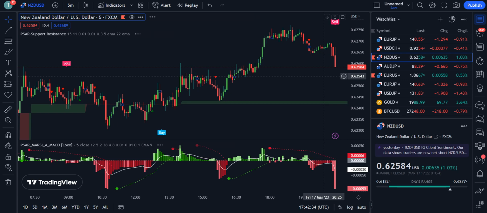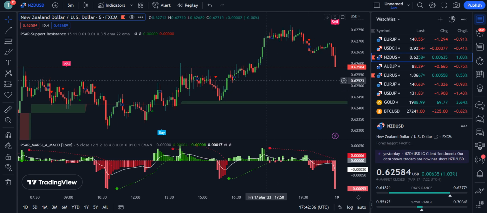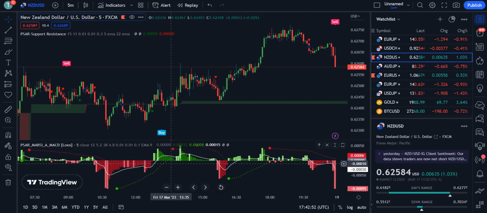If we check another pair, for example New Zealand USD, you can see here as well that the PSAR support and resistance indicator has given us a buy signal. We have to look towards our Marcy AMACD, which has to give us green color candles above the zero level.